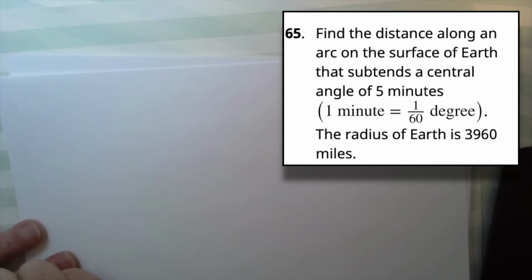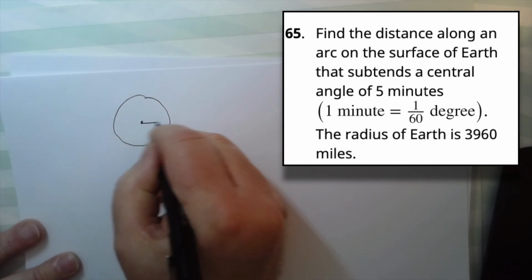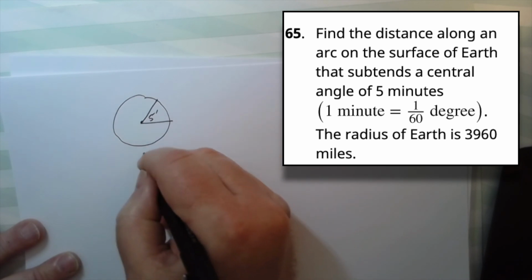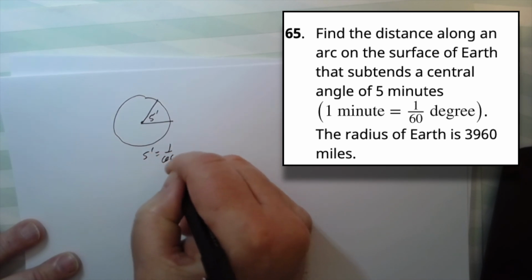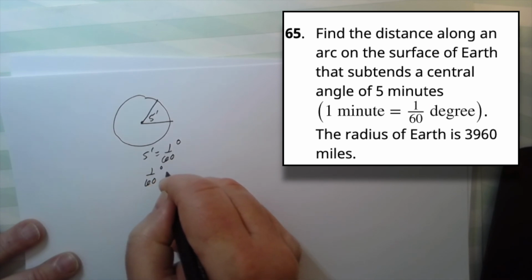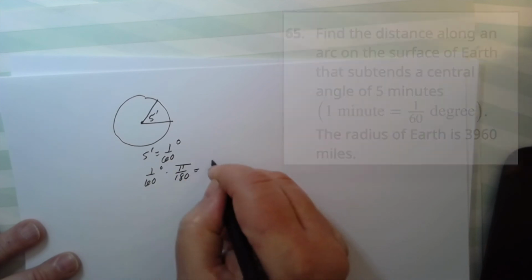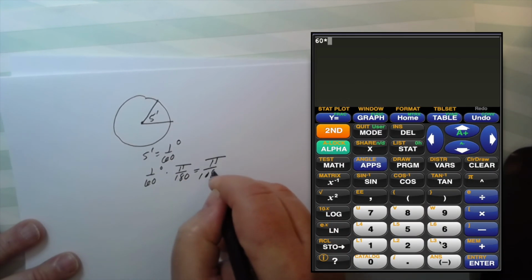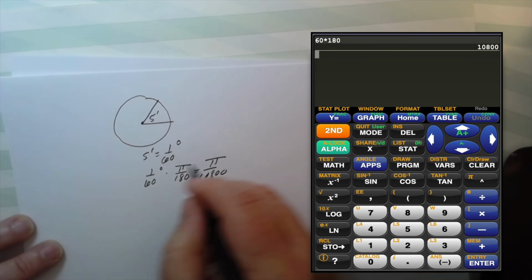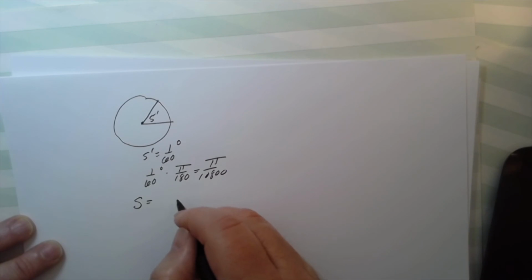Find the distance along an arc on the surface of the Earth that subtends a central angle of 5 minutes. So we have some angle here that is 5 minutes. And 5 minutes is equal to 1/60th of a degree. And 1/60th of a degree is pi over 180, which would be pi over 10,800 radians. And the arc length then would be S is the radius.